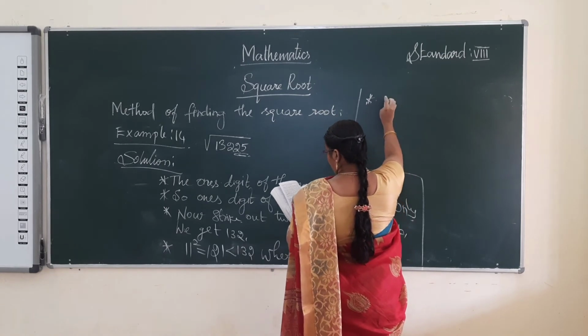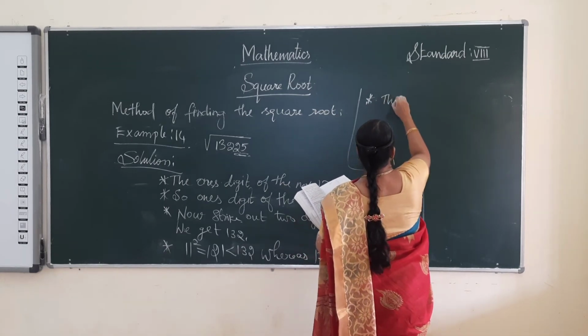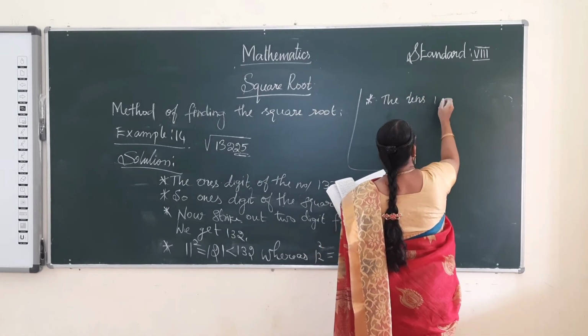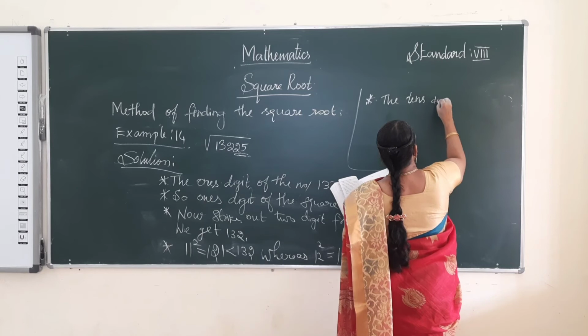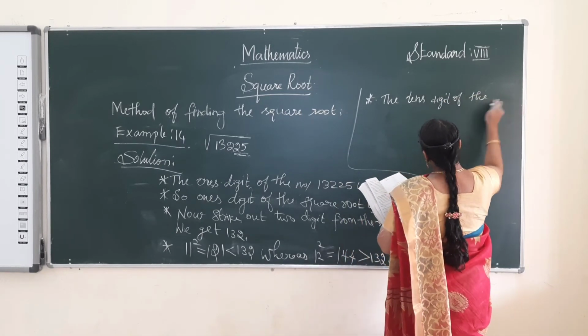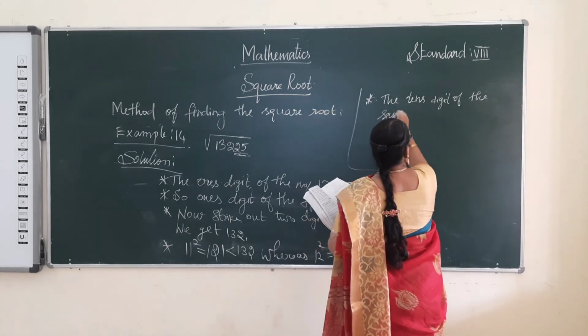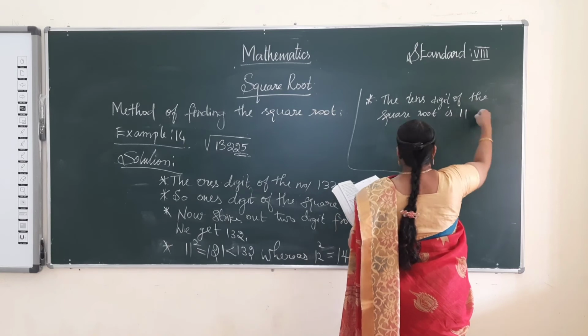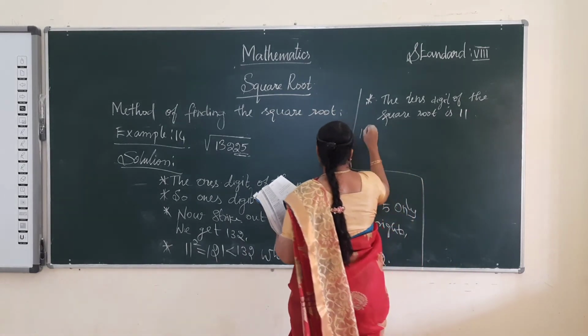Therefore the tens digit of the square root is 11.